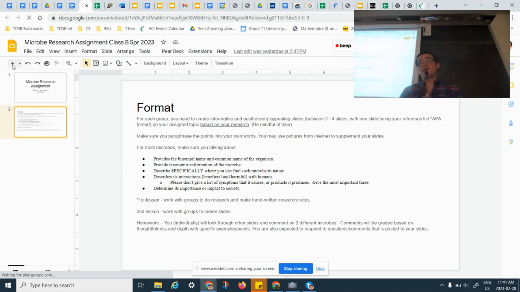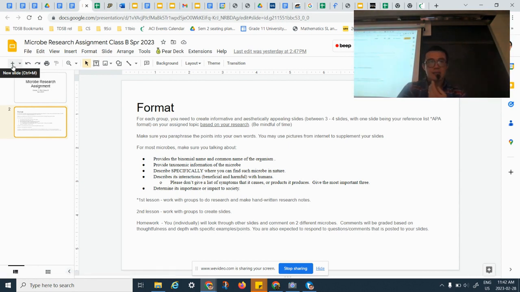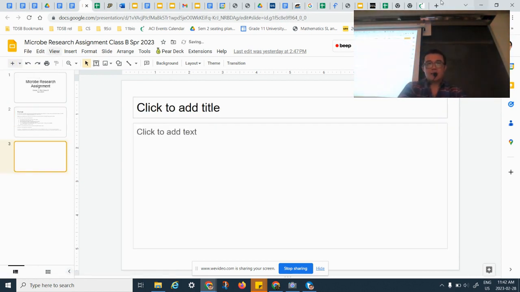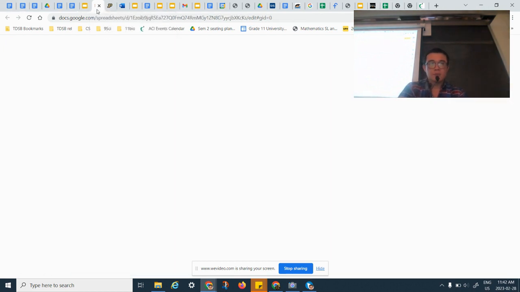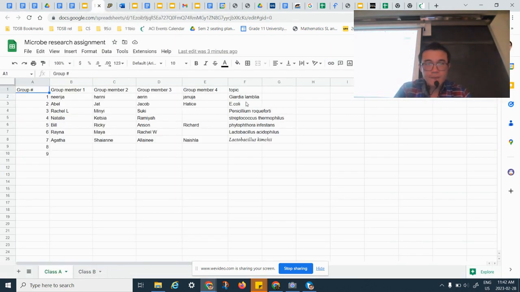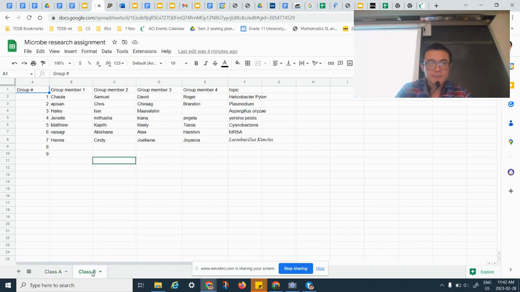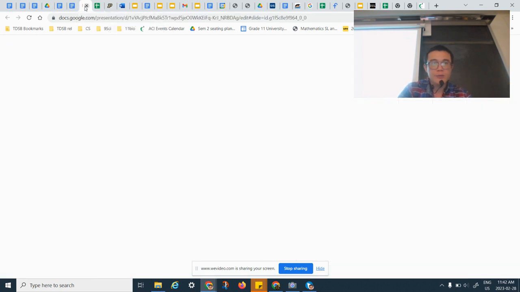Each group is to create 3 or 4 slides presenting your microbes. In this case, I'm just going to use someone's example. Let's just say the first group, not this group, this class, Charlotte's class group have decided to do Helicobacter pylori.